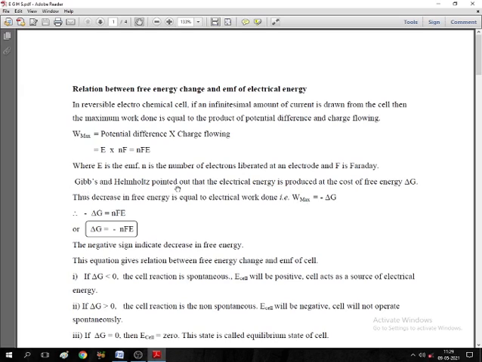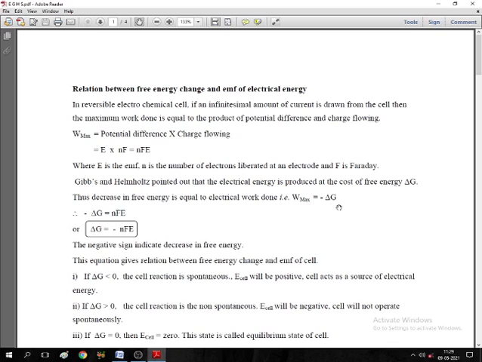According to Gibbs and Helmholtz, the electrical energy generated in the electrochemical cell is due to the cost of the free energy. That means free energy is utilized, and when free energy is utilized, the change in free energy will be negative.